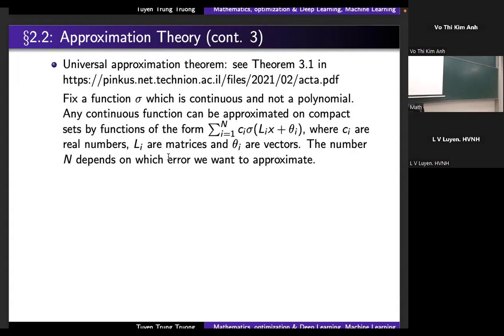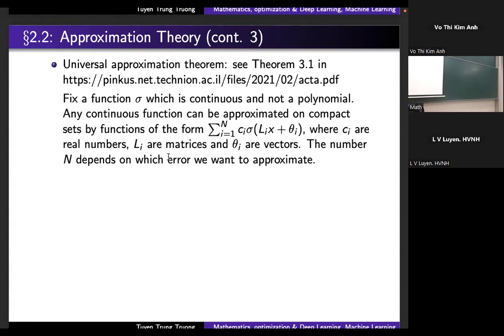Now for simplicity, let's say you have a function f from R^m to R, so a real-valued function. This theorem says that you fix a function sigma which is continuous and not a polynomial, like ReLU. ReLU is not a polynomial. Any continuous function can be approximated on a compact set. So usually you look at a compact set and you ask whether you can approximate this function by the sum of d_i sigma(L_i x + theta_i).